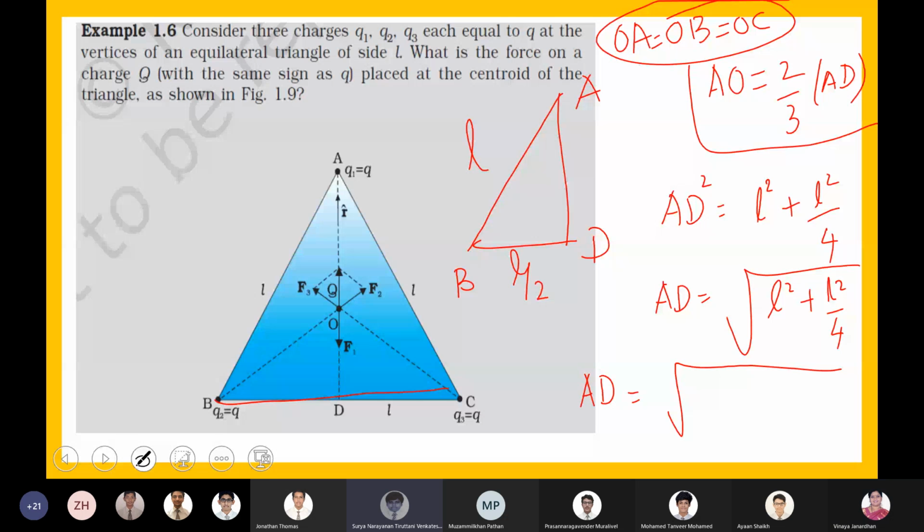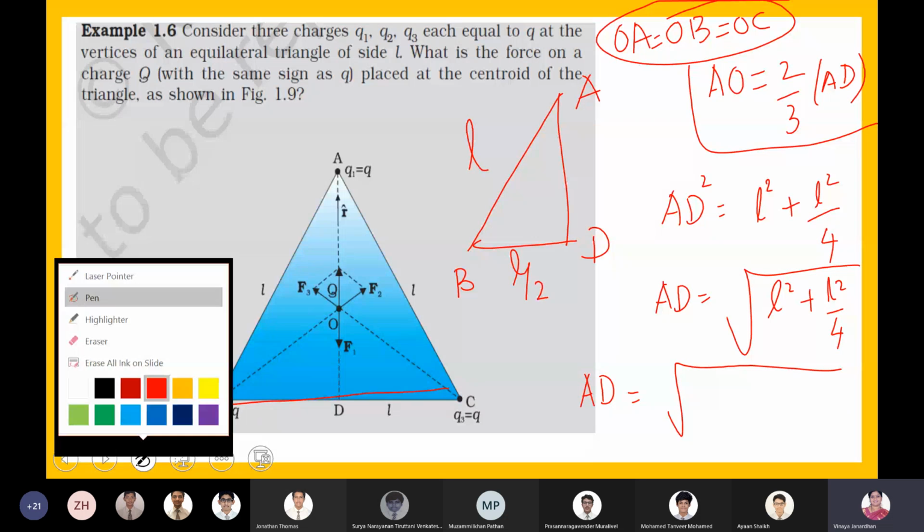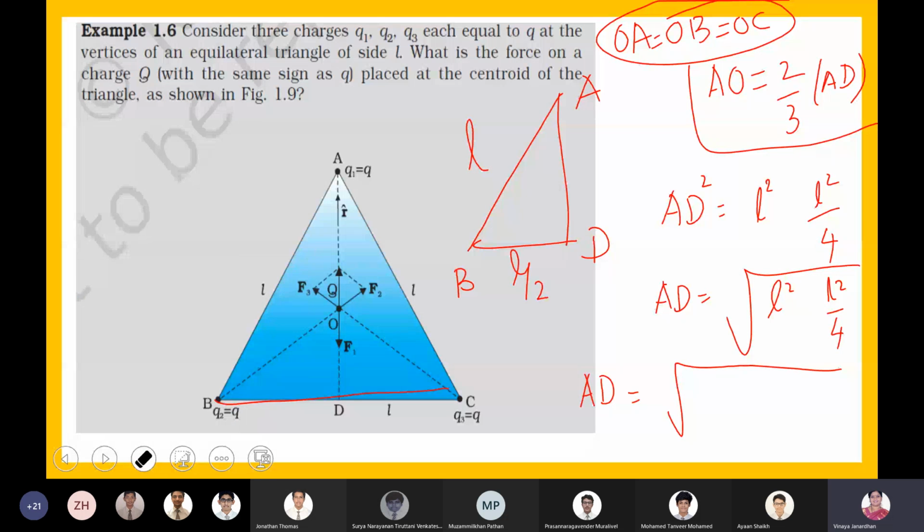Sorry boys, it's negative, right? Minus. So it will be 3L squared by 4. So AD will be root 3 L by 2. Is that correct? Yes, ma'am.